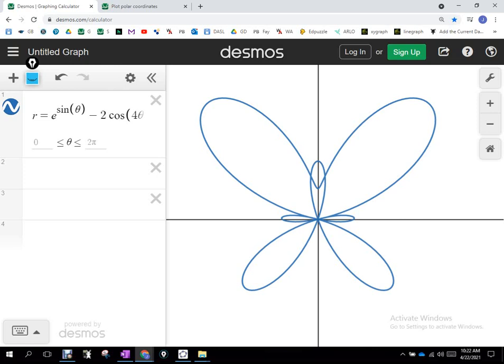So a parametric equation is two equations, one for x and one for y. And where they intersect is a point. Does that make sense? Then we use a third variable called t, which is the time, and as the time moves along, the x's and y's change off of that third variable, and if we trace the point, then it creates a graph.